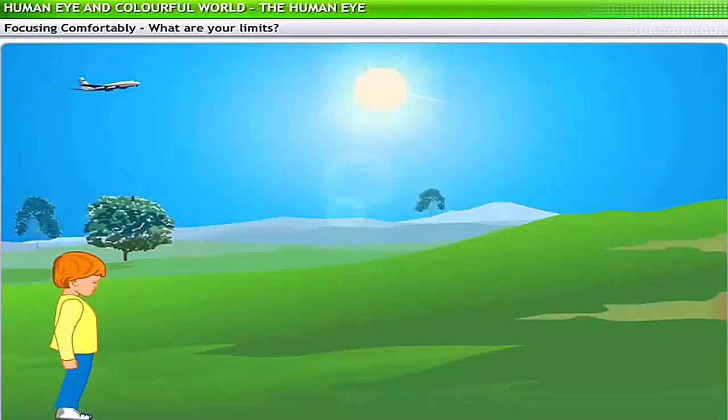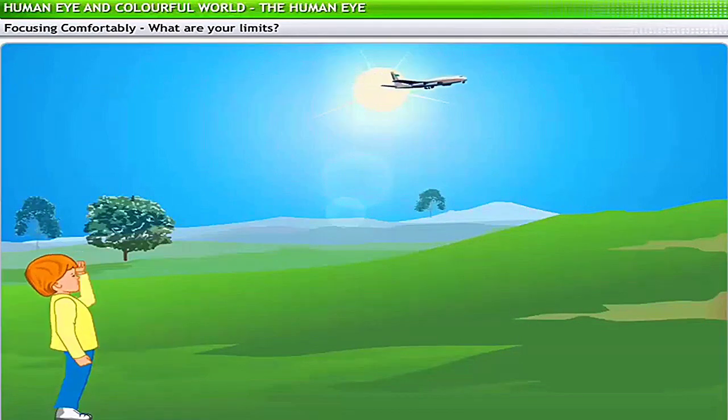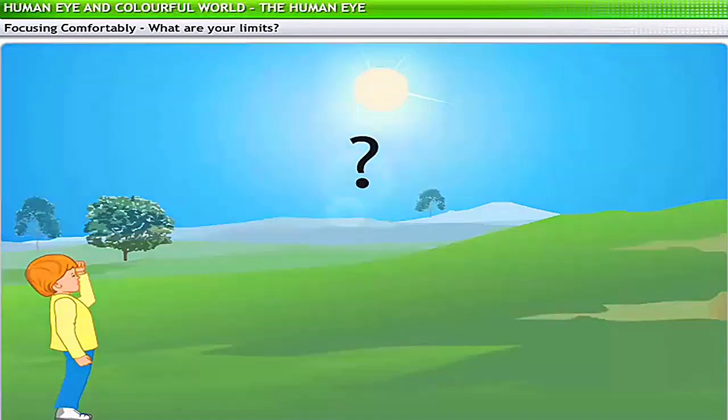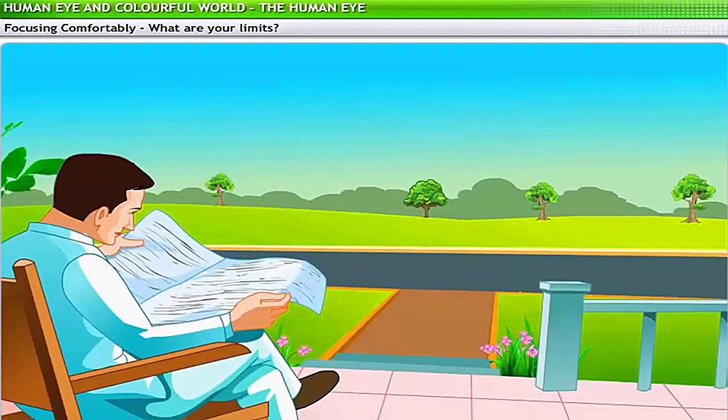So, how far does the power of accommodation of our eyes stretch? Can it accommodate images of objects at just about any distance? Not really. The power of accommodation provided by our eyes does have its limits.